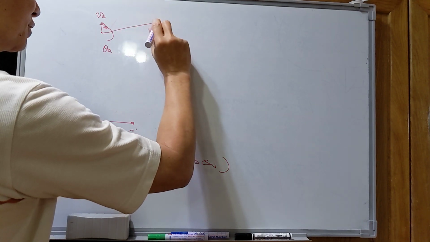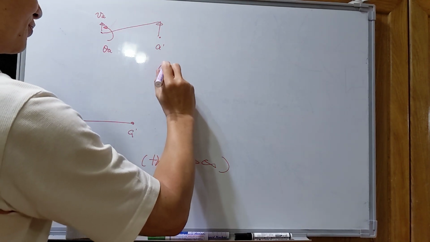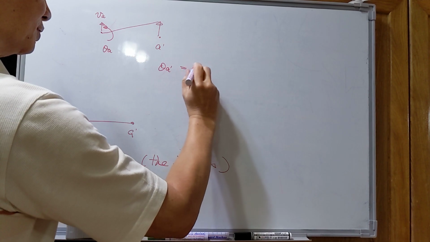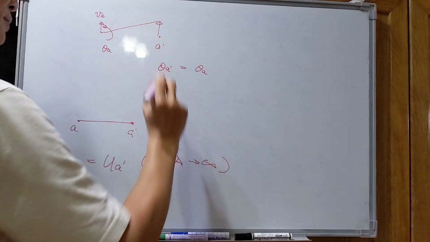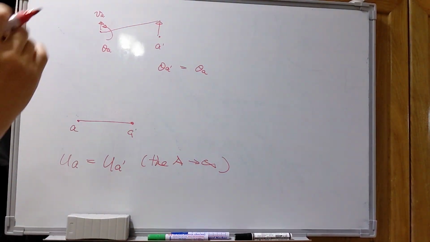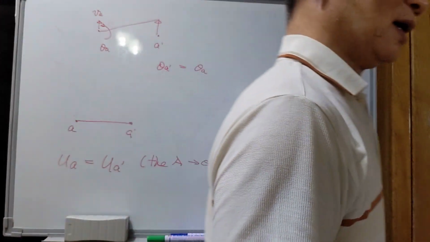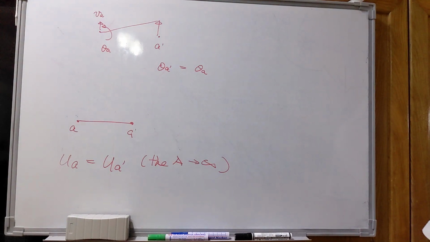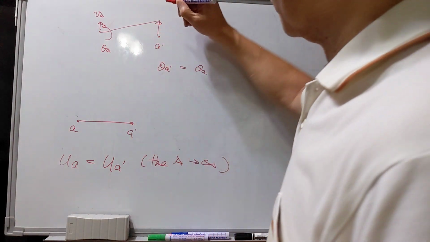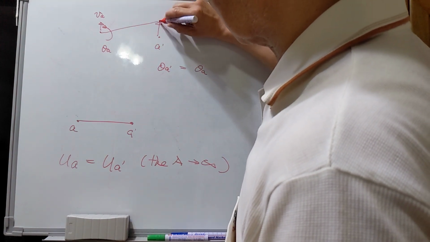Since it is a straight line, theta A prime should be equal to theta A. Since you cannot bend, for this part it is always rigid and continuous.